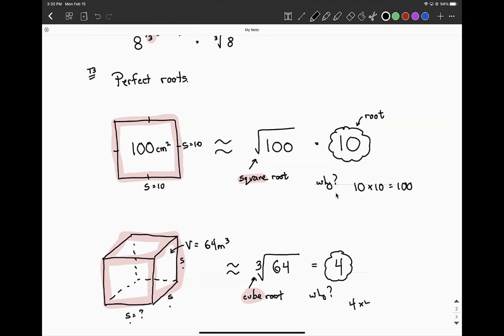Because 4 times 4 times 4 would have built 64. That is called the cube root of 64. On every calculator you can find a square root and a cube root to take these perfect roots.